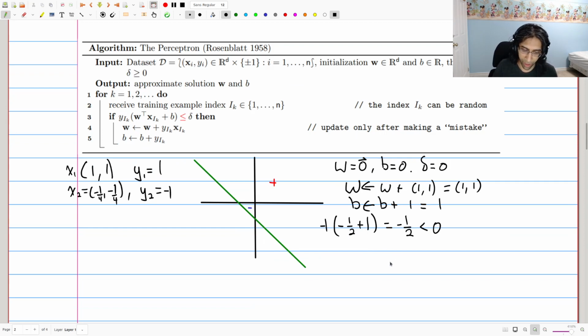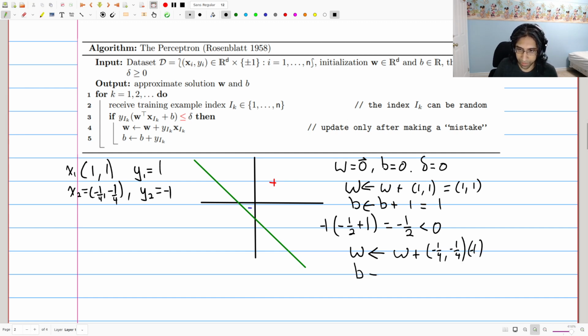We do another update in the sense that we set w becomes w plus now the point, sorry, not just the point, times its sign. So -1/4, -1/4, and then -1.